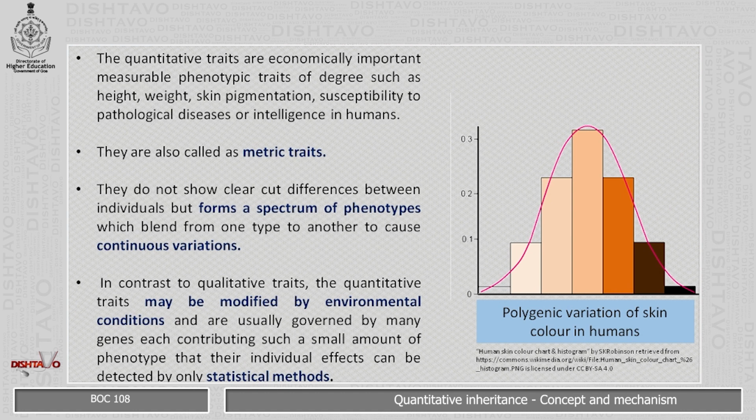In contrast to the qualitative traits, the quantitative traits may be modified by environmental conditions and are usually governed by many genes, each contributing such a small amount of phenotype that the individual effects can be detected only by statistical methods. It means if you have to study quantitative inheritance, you have to employ statistical tools.